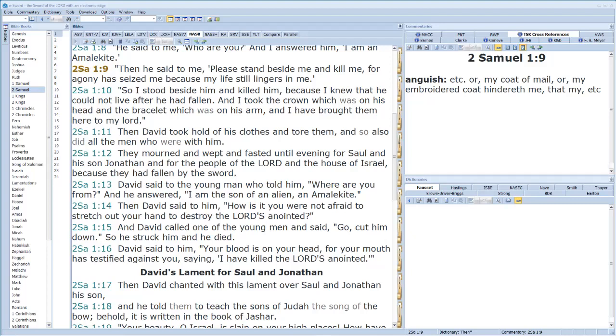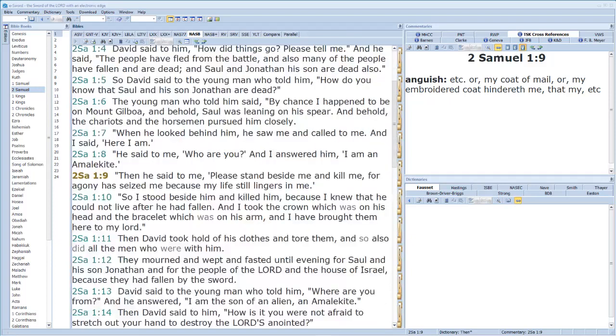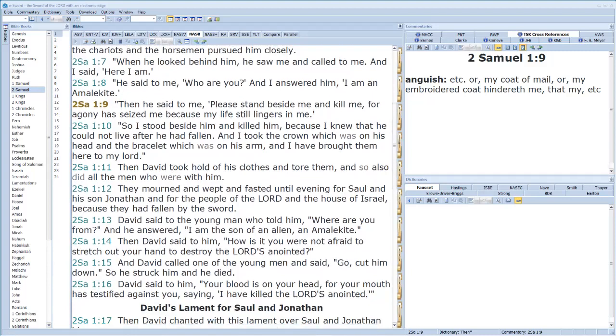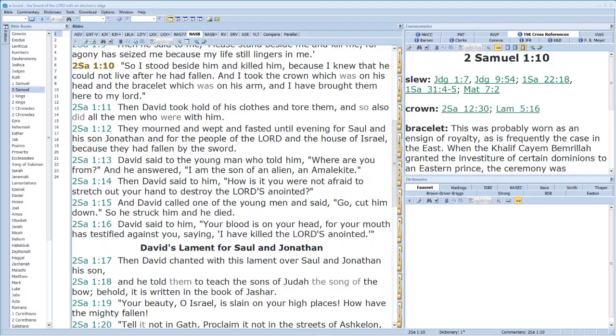Remember, these are the individuals that raid other cities in random raids, and they take what belongs to everybody else, like they did with Ziklag. They found an opportunity where they could take everything and burn the city, and that's what they did. So they were opportunists, and that's what this young man was. He was looking for an opportunity, and so that's in him.